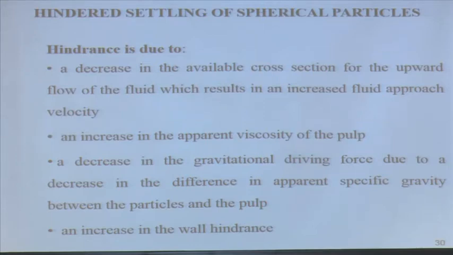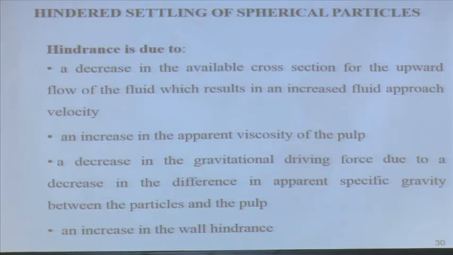Now if I want to quantify them, I have to understand what are the reasons for hindrance. First thing is a decrease in the available cross section for the upward flow of the fluid, which results in an increased fluid approach velocity. What does it mean?